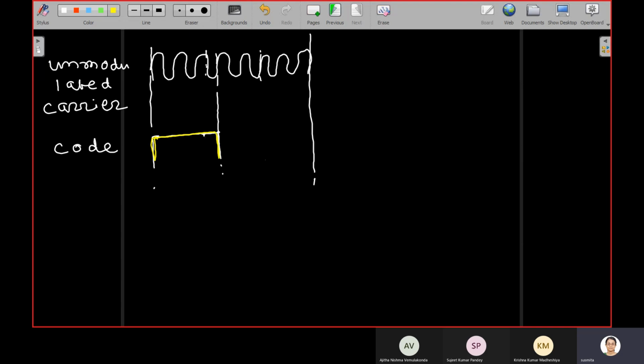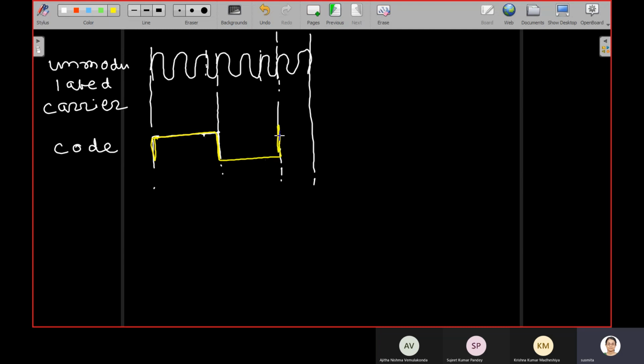This is one chip. We assume that only 3 cycles are there. And then let's assume that the second chip has -1 for understanding purposes. So this is 1 cycle, 2 cycles, 3 cycles. We'll just show it for 2 chips.